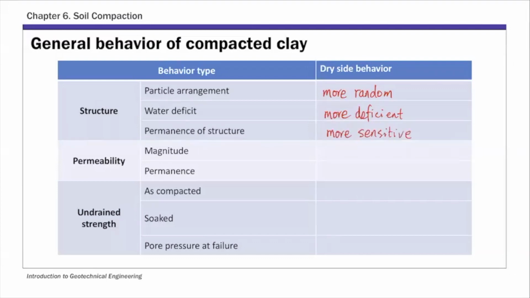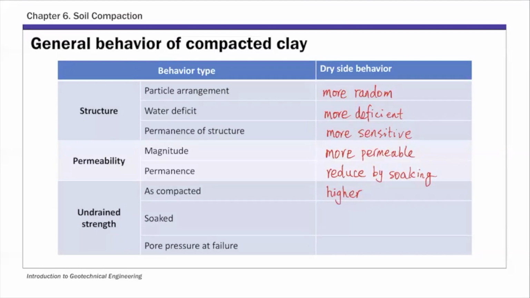And then for permeability, if you're compacting clay on the dry side, the permeability is going to be higher, more permeable basically. And the permeability change is reduced by soaking. In terms of the effect on undrained shear strength, on the dry side, we tend to get higher undrained shear strength.